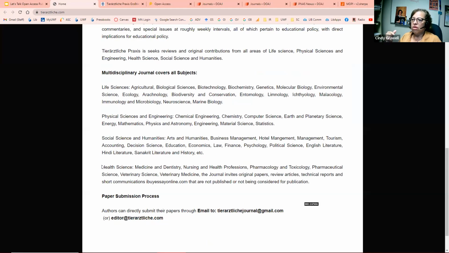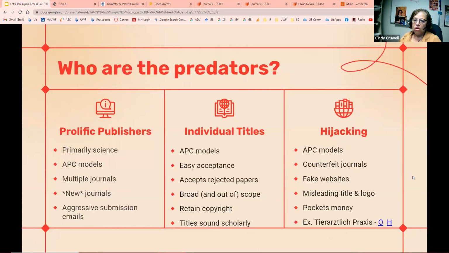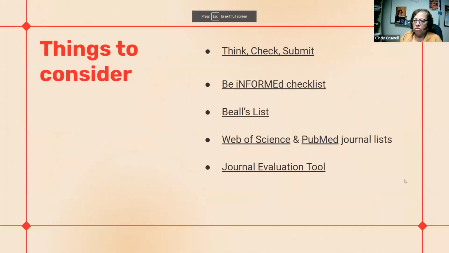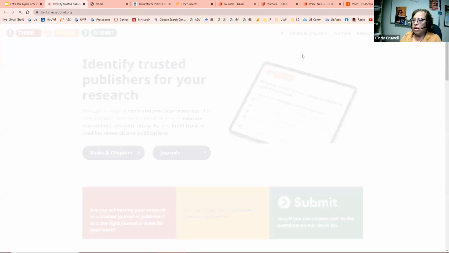If something seems at all askew, it's definitely worth giving it a good once over. Many times people contact us at the library and ask us if we have an awareness of that particular journal or publisher. There are a couple of links that I can mention. Think, Check, Submit is a really good approach to when you're publishing.